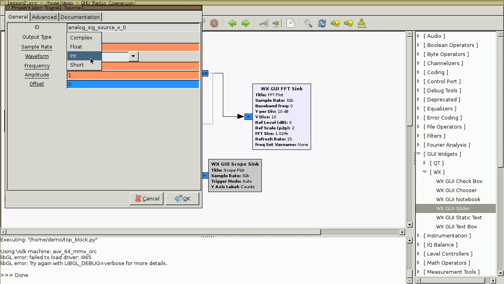An int is a 32-bit integer. A float is a floating point number, so it can take on values that are decimals, so it allows the decimal point to move around, and it's implemented as a 32-bit float. And a complex data type we're going to talk about later. Pretty soon we're going to talk about complex numbers.